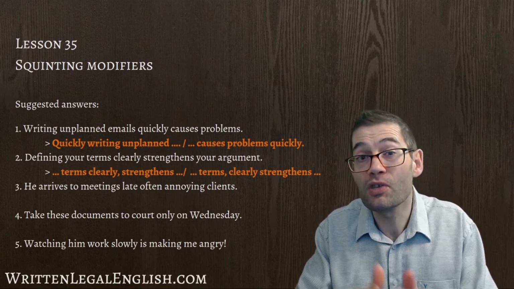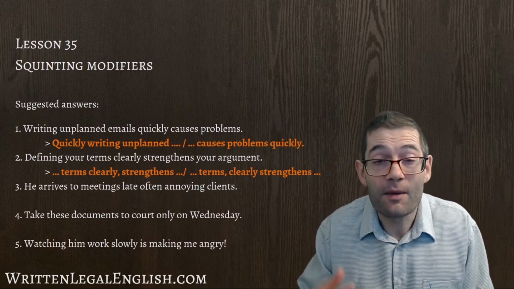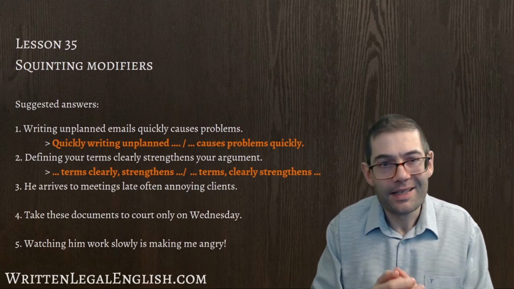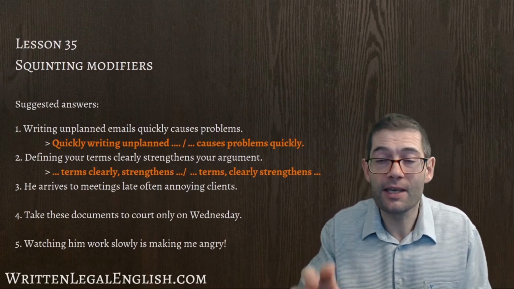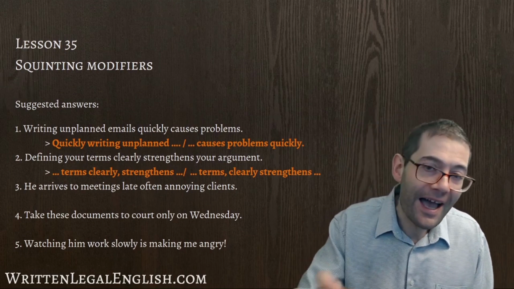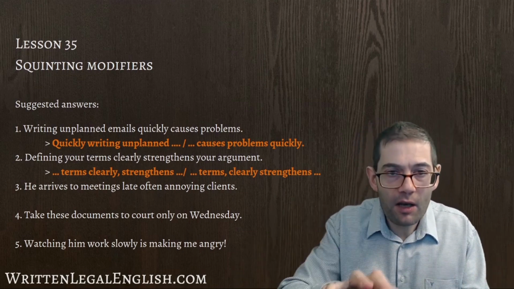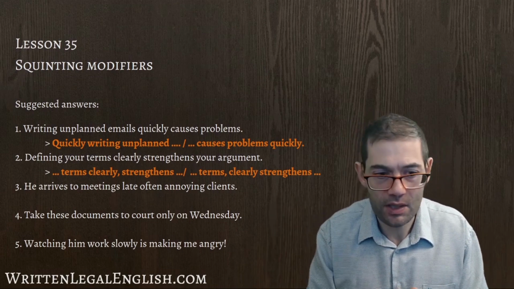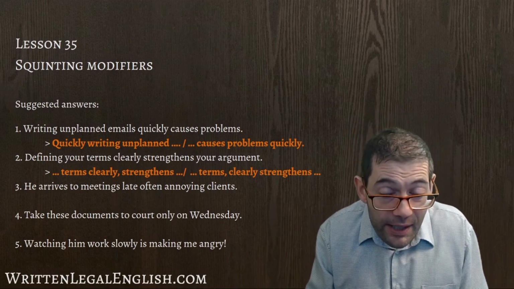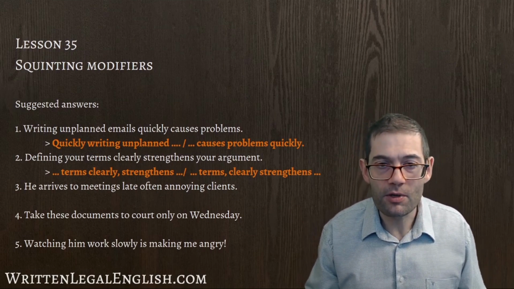Certainly comma use can help the reader to understand, but don't forget that people misuse commas. Sometimes it's better to move, or most of the time I would say, it's better to move the modifier out of the middle and put it towards one of the ends. In other words, closer to the thing it's modifying, but either at the beginning of the sentence or at the end of the sentence. But I've got to say, there are two ways of resolving squinting modifier problems.